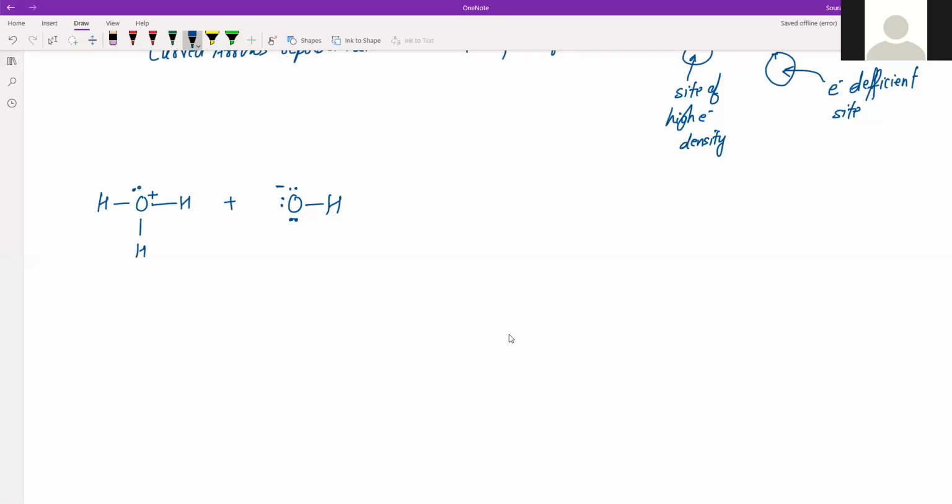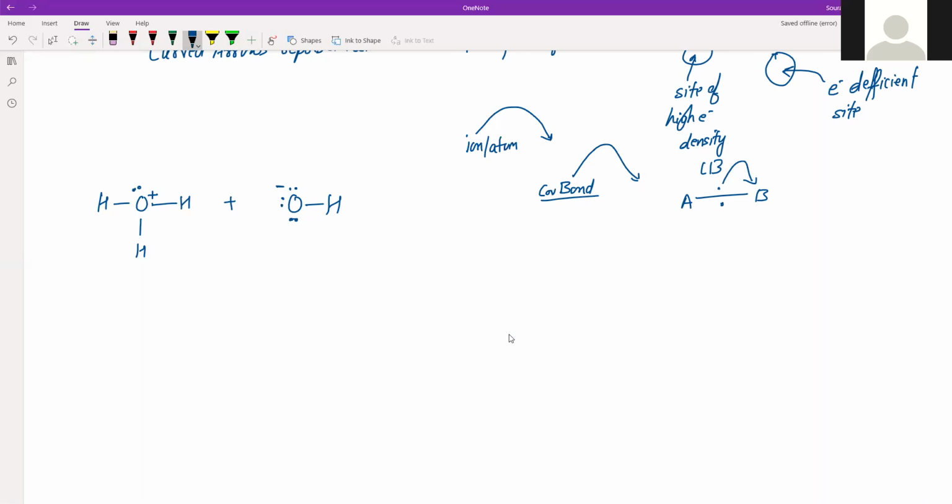Now, for this electron transfer, the curved arrow can start from an ion or atom, and it can also start from a bond, that is, your covalent bond. A covalent bond has two electrons, which are shared between these two entities. So the electrons can move from the bond to one of the participants in the bond.